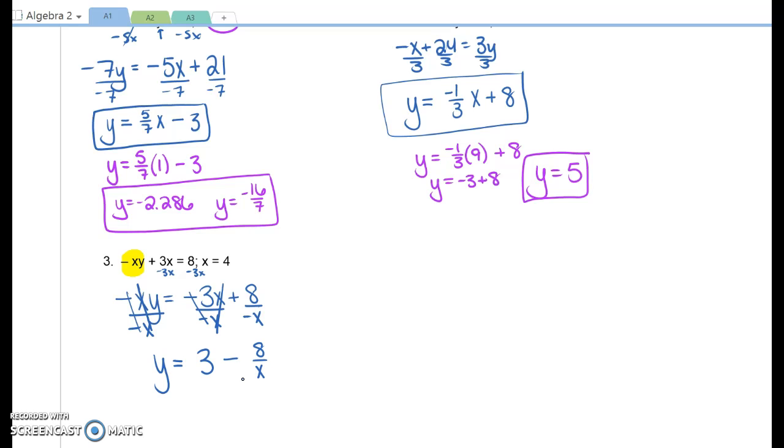You can write the negative between the two terms, or you can put it in the numerator, but you shouldn't leave a negative in the denominator. And it might look really weird to have x in the denominator, but that is fine. That's how this equation is. When we substitute 4 in place of the x, this one should be pretty easy to do. 8 divided by 4 is 2. 3 minus 2 is 1.